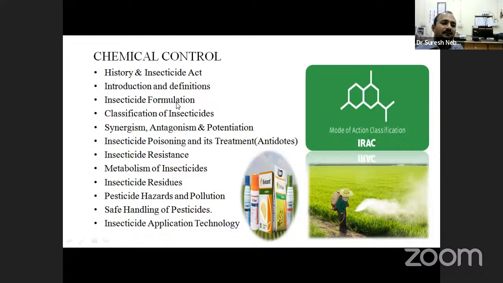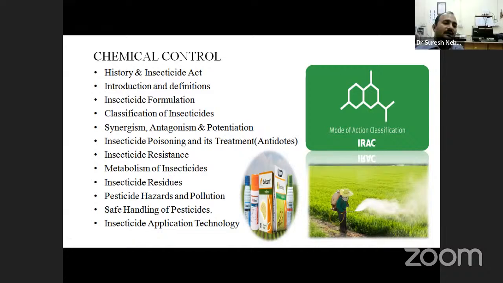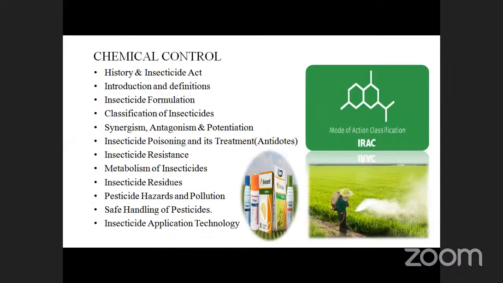The active ingredient will definitely be there, and then the other inert ingredients. What are those inert ingredients? Then the short forms used for these formulations, like EC, which means emulsifiable concentrate, SC, OD. One file is there that I will be sending. You have to know all those terms also.